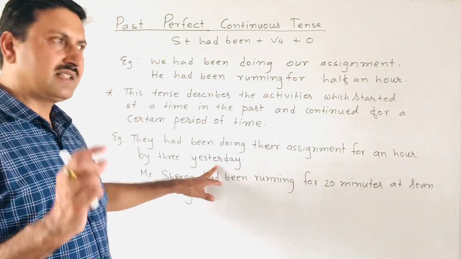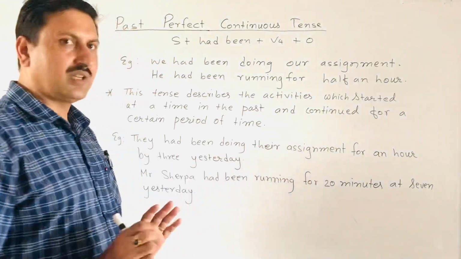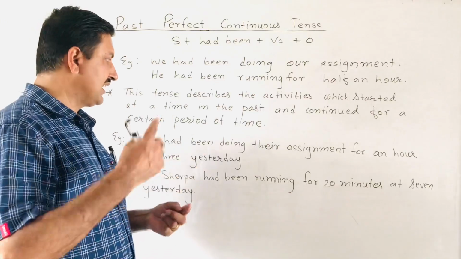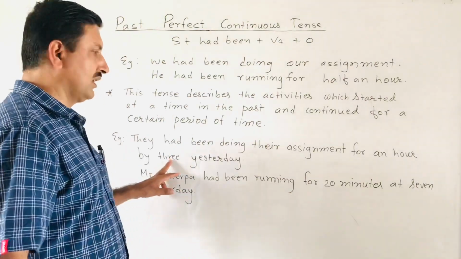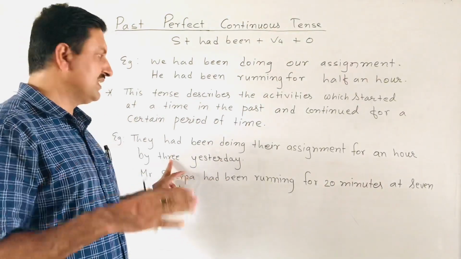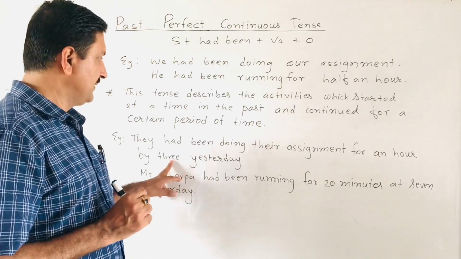The example indicates that they started doing their assignment at around 2 o'clock, and they continued doing the assignment up to 3 o'clock. And the action of doing the assignment was not completed even at 3 o'clock. That is the meaning this tense gives.